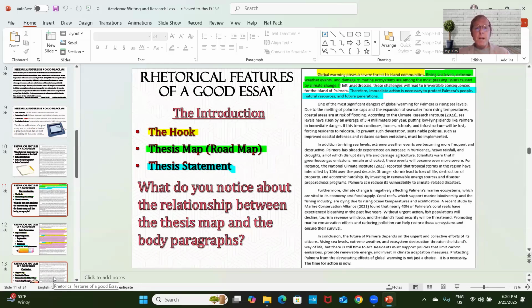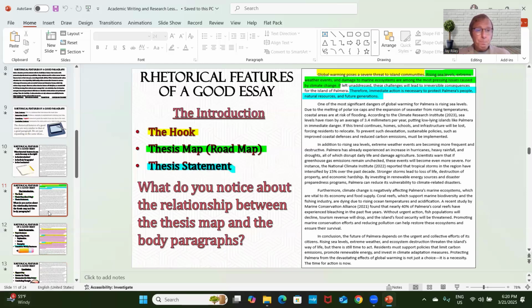And then the author is saying immediate action is necessary to protect Palmyra's people, natural resources, and future generations. So that's what they want. That's what they're arguing, right? That's their thesis. That's the big idea here. They're supporting that with the evidence they're going to present about rising sea levels, extreme weather, and damage to marine ecosystems.